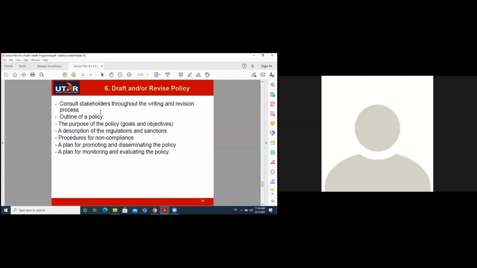The stakeholders will look into the goals and objectives of your policy draft. Then they will draft the regulations on that policy.